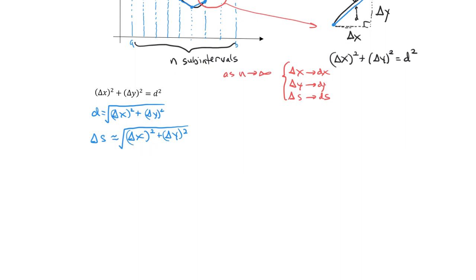Okay, then here the limit comes. So we say as n approaches infinity, as that happens, then we'll get that ds equals the square root of dx squared plus dy squared. So as a limiting value, we can say that this is true. And then what we're going to do is use differential notation here.